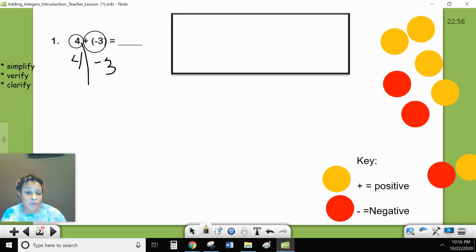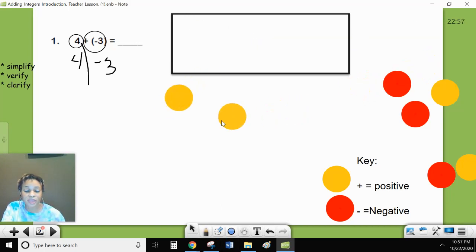So next we want to model all of these things that we see in front of us. Typically, I will put it inside of the mat. Let's see if it fits. So I have a positive 4. I'm going to put 4 yellows because we say yellow represents our positive, and that went behind the screen.